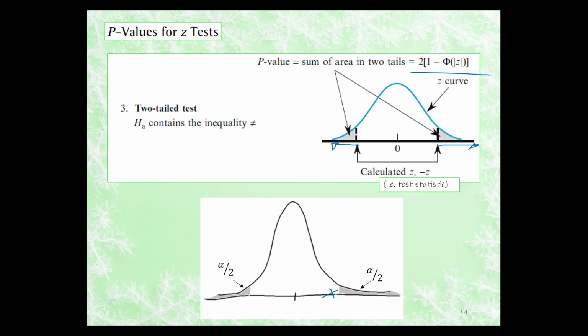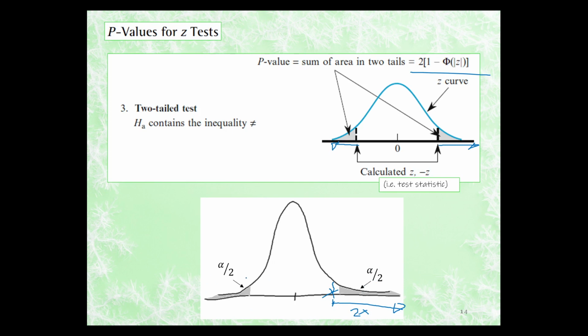Then, if I'm doing the critical value approach, I would be comparing my test statistic to a critical value which corresponds to alpha over 2. So when I calculate the probability here to the right of this test statistic, I'm actually comparing this probability to alpha over 2. But we don't want to make a comparison to alpha over 2. We're always going to make the comparison to alpha, which is why we can just take this probability and multiply it by 2, and that will give us our p-value.